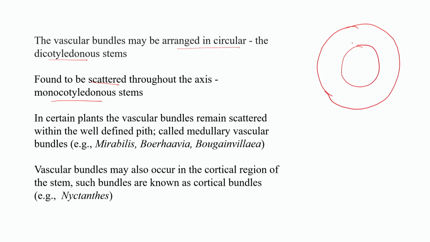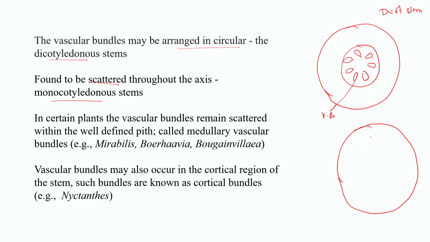So when you see a dicot stem, you will see that the vascular bundles are arranged in the form of a ring. This is the vascular bundle, and when you talk about the monocot stem, you can see that it is scattered in the ground tissue, randomly distributed.